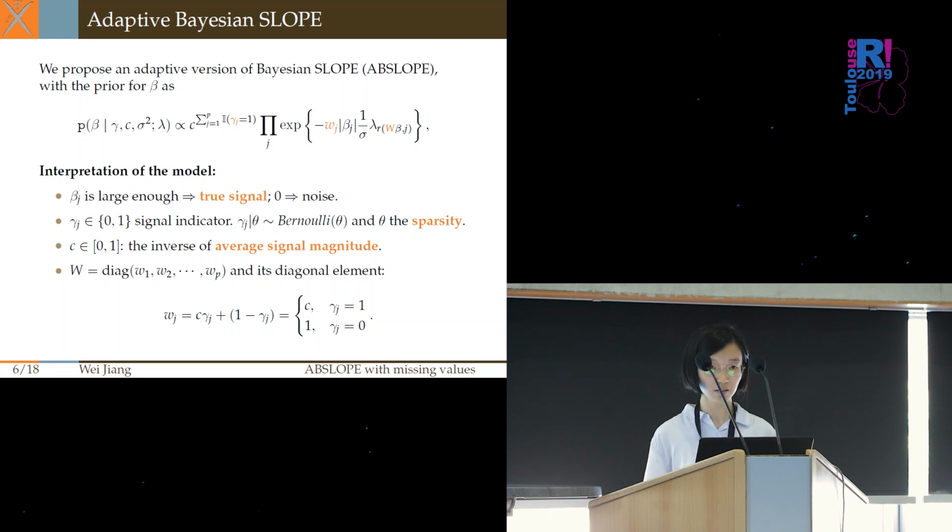In addition, c is the inverse of the average signal magnitude. And finally, we construct a diagonal matrix W, whose diagonal element equals c if the corresponding gamma equals 1. Otherwise, it is 1.